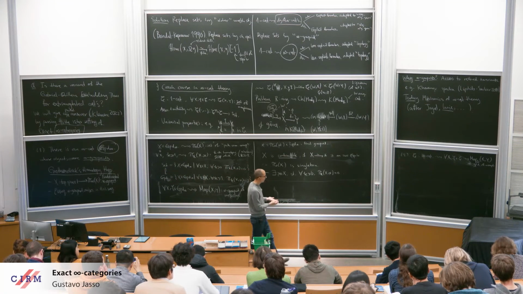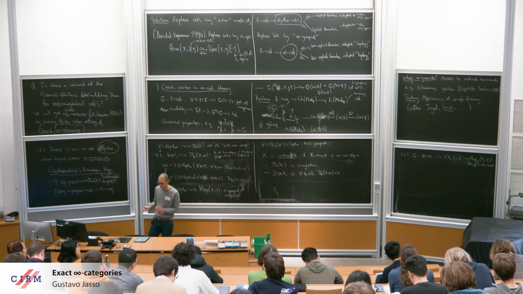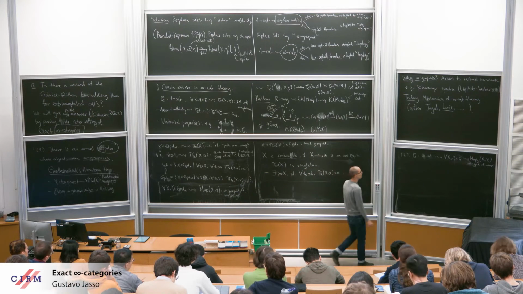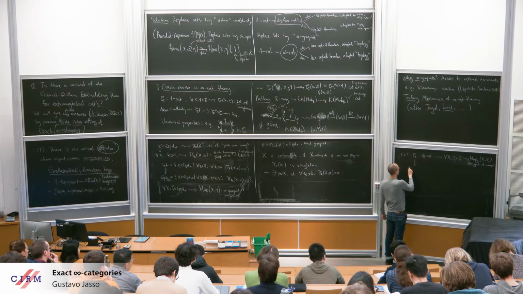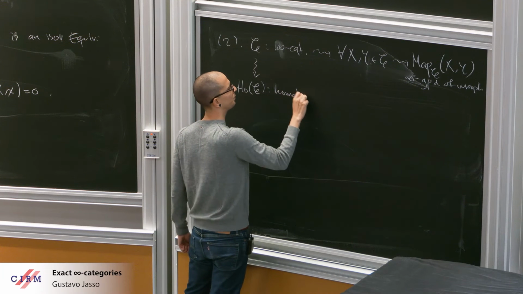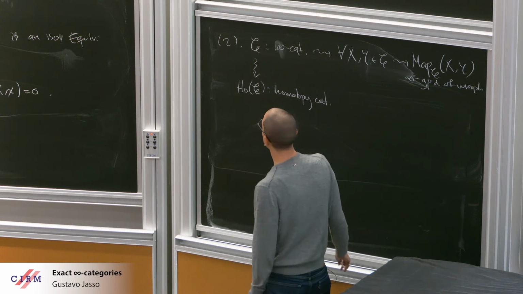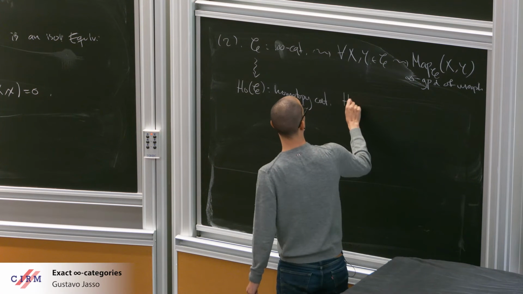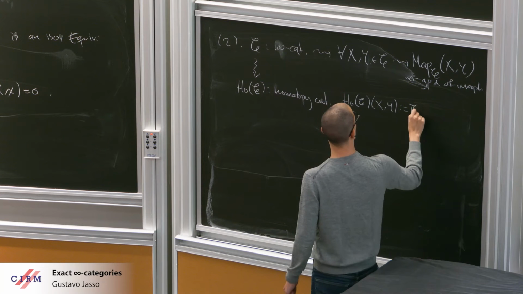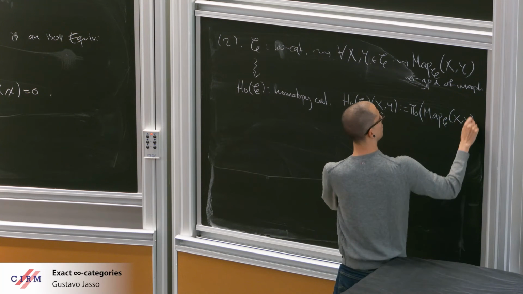Every ordinary category has sets of maps, so every infinity category has infinity groupoids of maps according to this replacement. But now I can associate to C a one category called its homotopy category. This homotopy category has sets of maps given simply by the path-connected components of the corresponding spaces of maps.